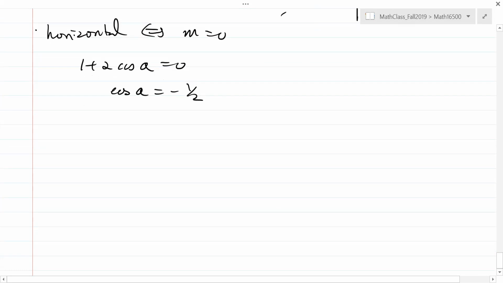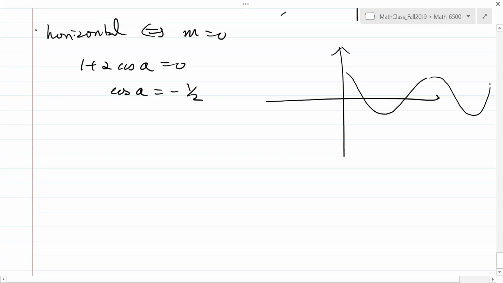This is Math 159, topic 154, trigonometric geometry. You can use a picture. You should have two solutions in the interval from 0 to 2 pi. This is a graph only for cosine, right? It's a periodic function, right? So here's 2 pi. -1/2 is here.